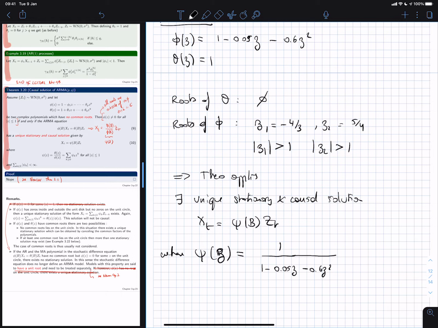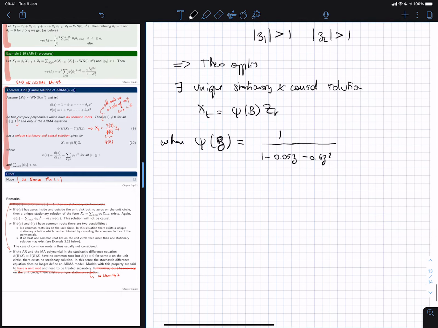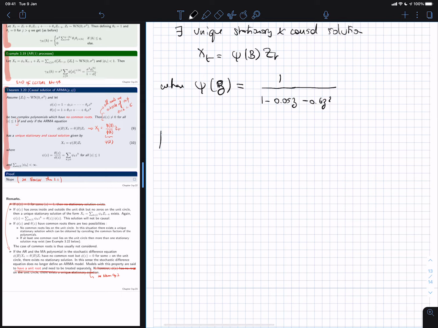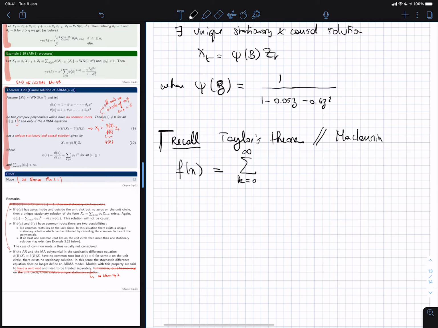Now, I don't know if you all remember what a series expansion is, but you cannot not know what this is. So recall Taylor's theorem, for example, which says that f of x is, so I'm going to take the Maclaurin version, f of x is equal to the sum, under certain conditions which I won't detail, for all n, you can write it like this.